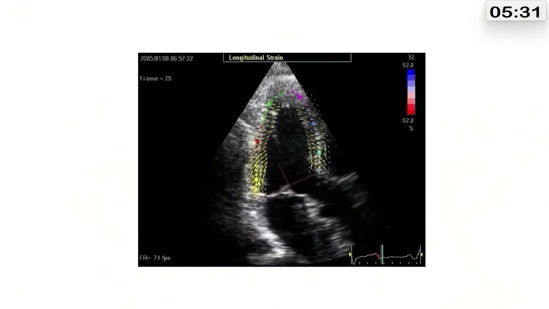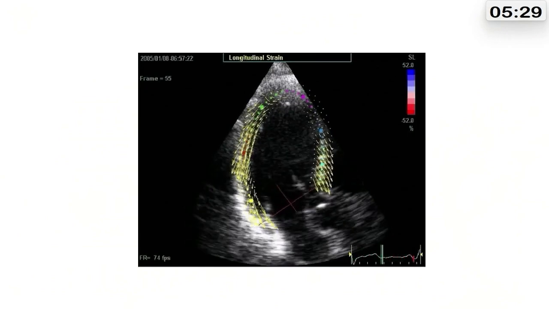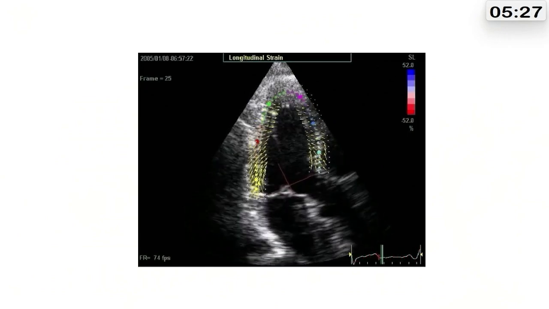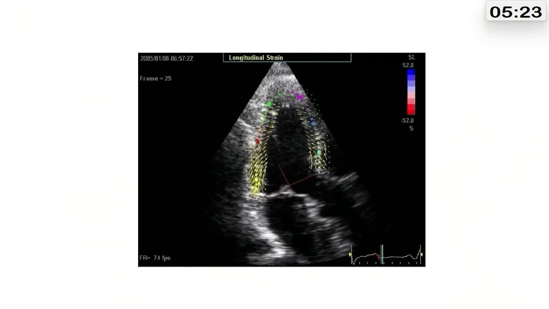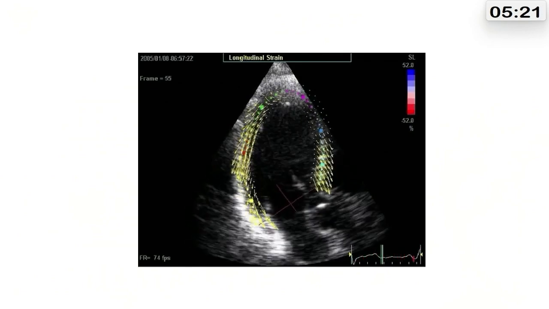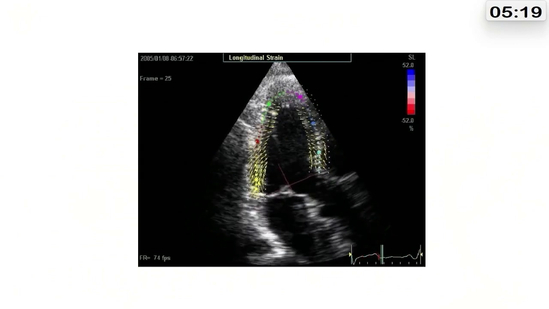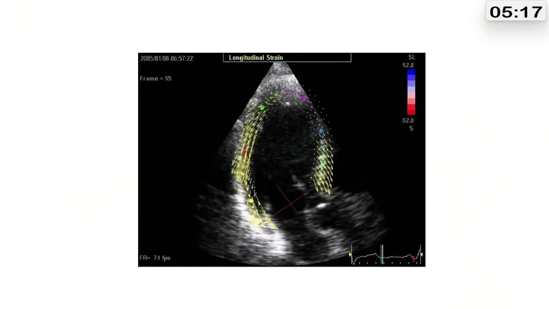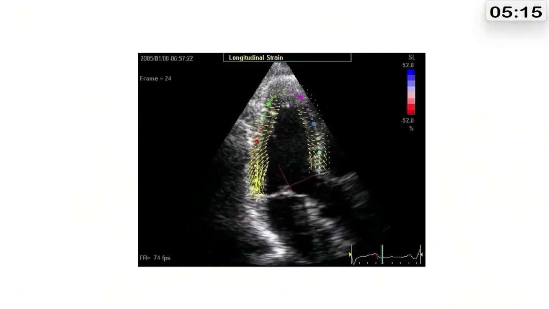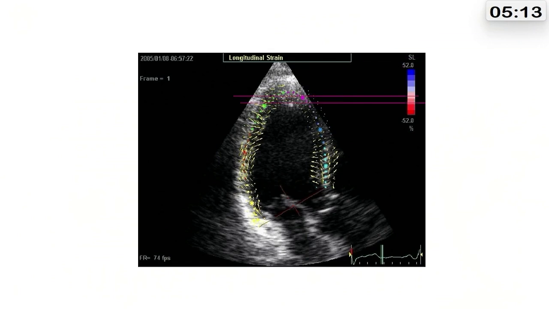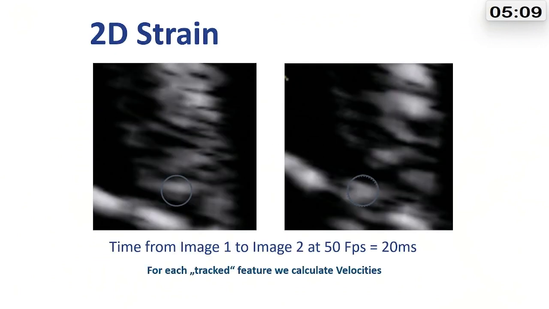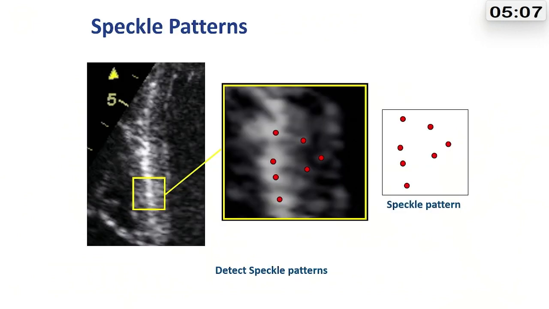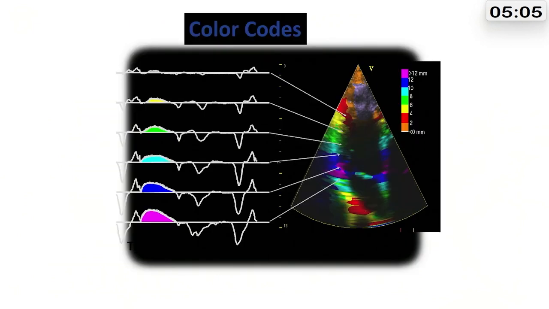So basically, the idea is very simple. You have a fixed apex, and it measures the elongation and shortening of the wall towards this fixed apex. On the right side, these are color codes. If you are near the apex, you move a very short distance. At the base, you move a longer distance. So you measure from point A to point B how long it takes to move, and depending on the time, you have a color code.